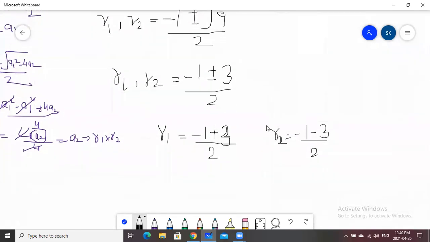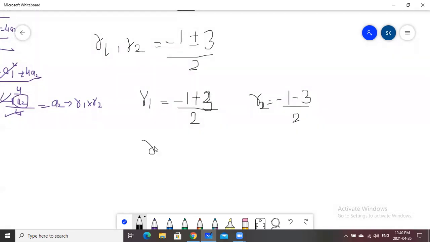Now, by solving both of them, we get R1 is equal to 3 minus 1, which is 2, therefore 2 by 2. Cancel both of them. Therefore, the value of R1 is equal to 1, which is a real number.